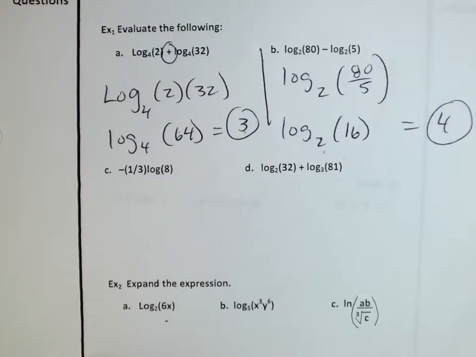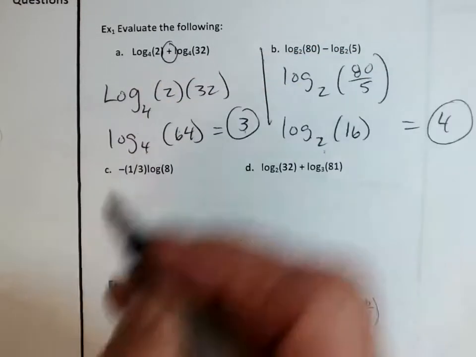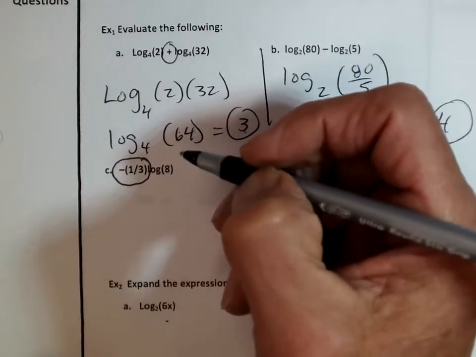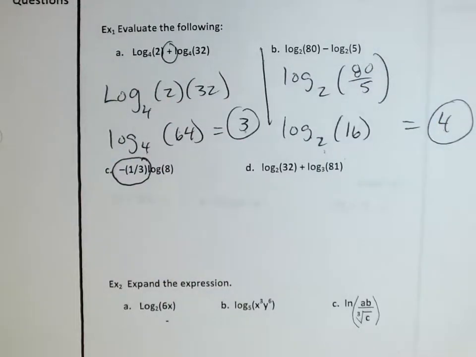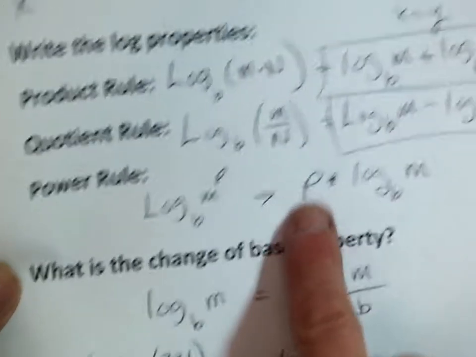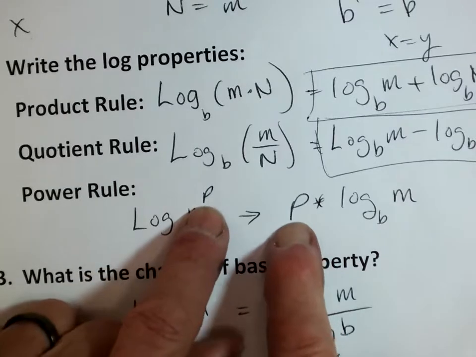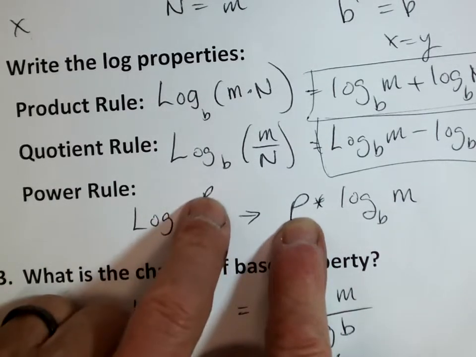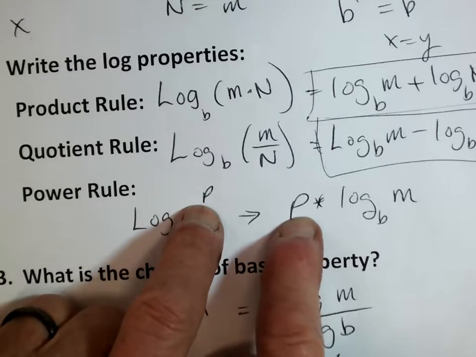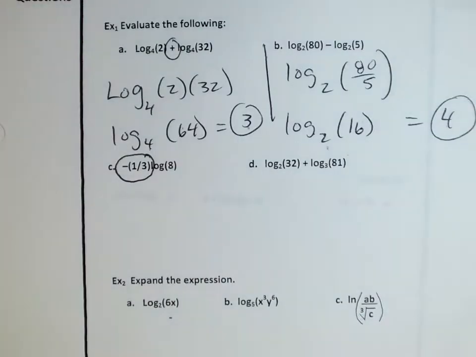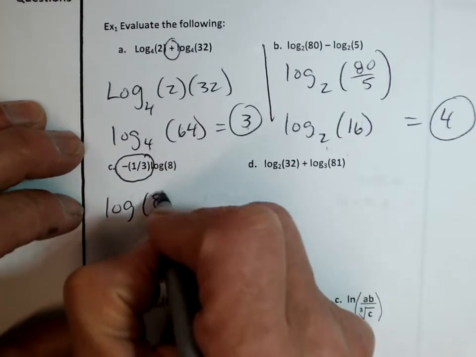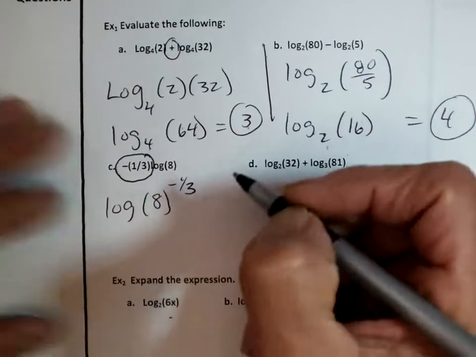Now C. This was an exponent that was brought down. So if I take a look at my rule, if I have a number out in front, it was originally an exponent. See how that rule works? So I'm going to rewrite this as log base 8 of a negative 1/3.